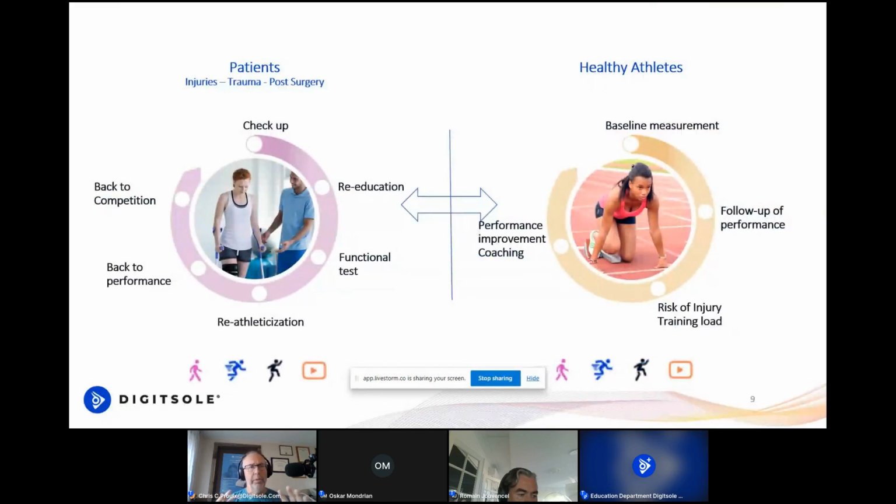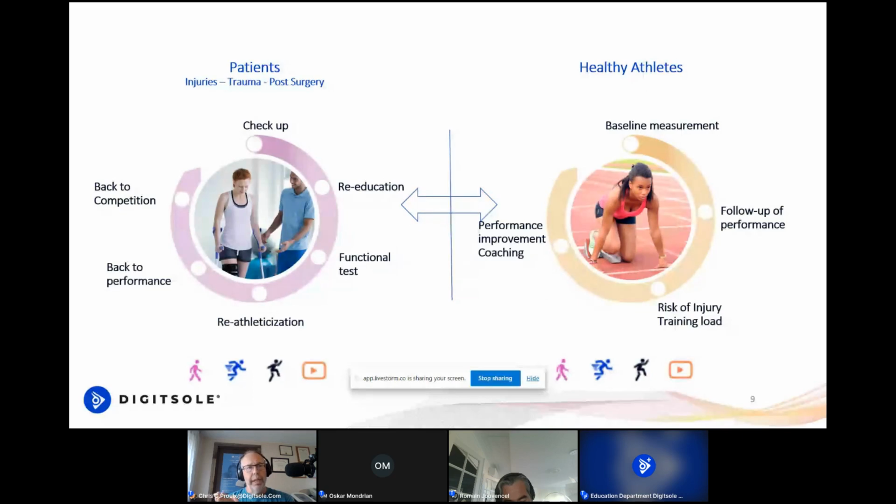What we've been able to establish in these tests that we've put into the system, originally they were designed as what we call return to play, or reathleticism. It allows us to determine, after the rehabilitation process, whether the individual is prepared to go back to their level of physical activity before they were injured.